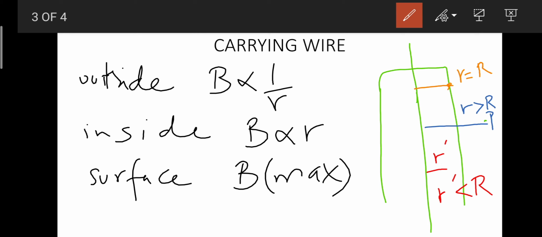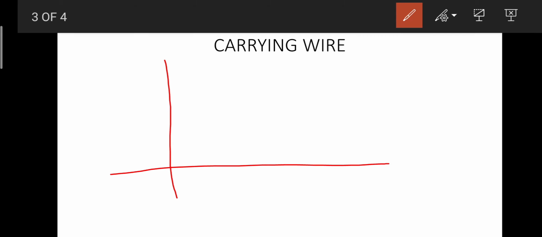So this was the case which we discussed, and how can I show this through a graph? If I want to draw a graph between B and R, that is the distance, this is the graph between B and R.